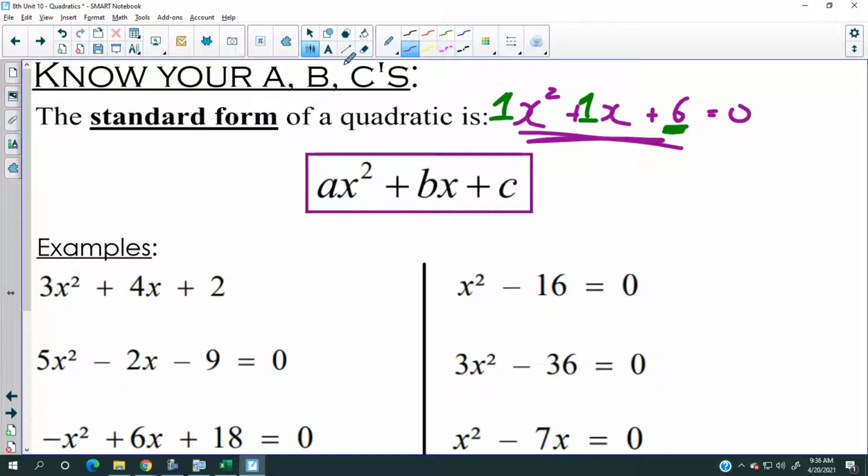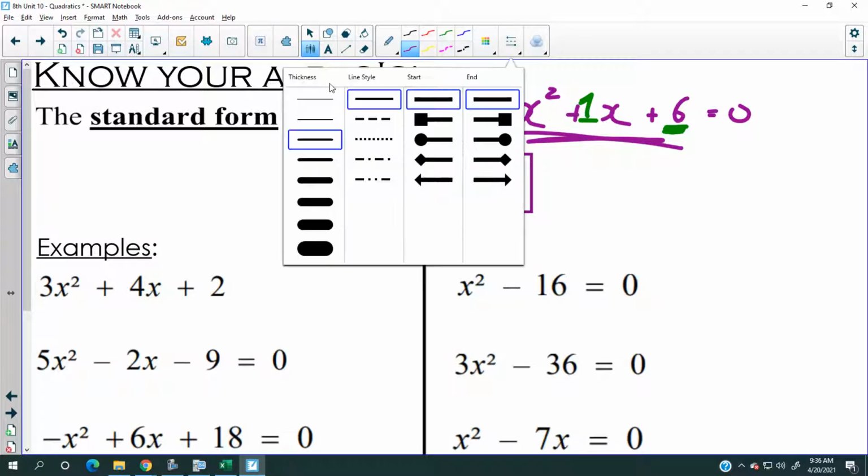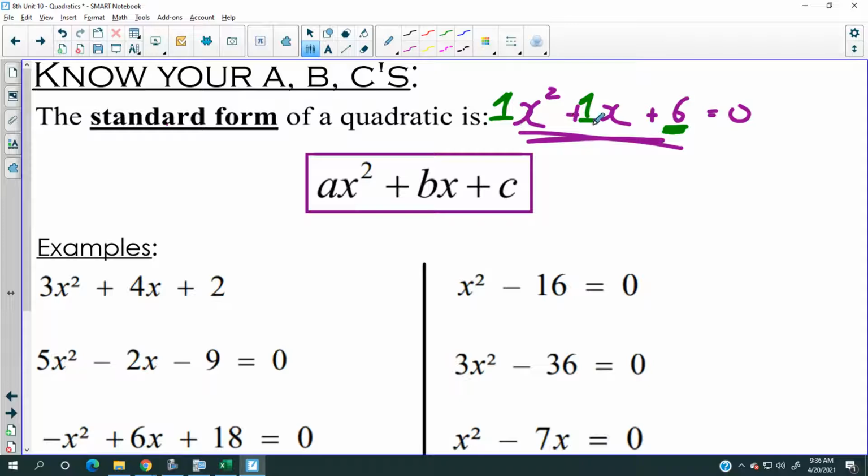Now, if we were to look at this quadratic function, you realize that each of these has a number in it. So I want to take a step back and show you the generic version of a standard form quadratic function.